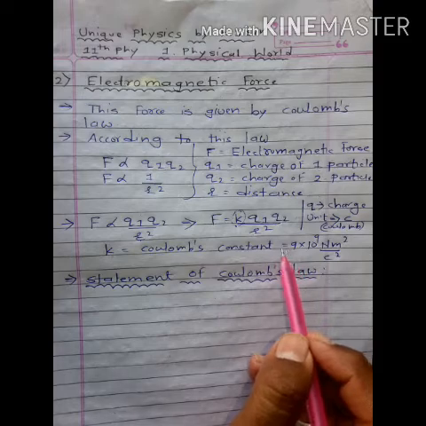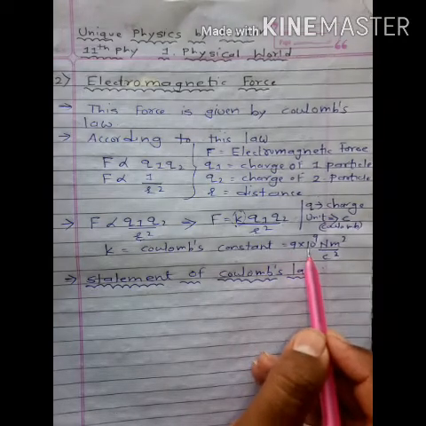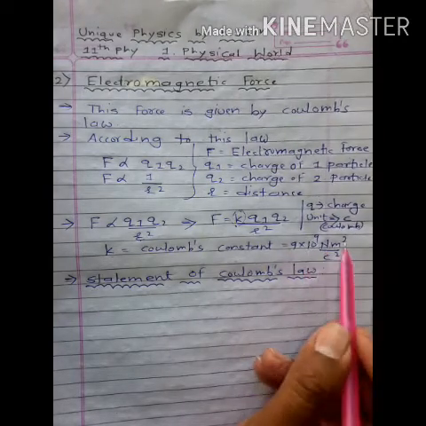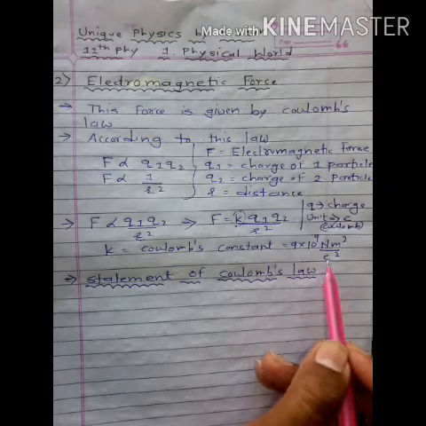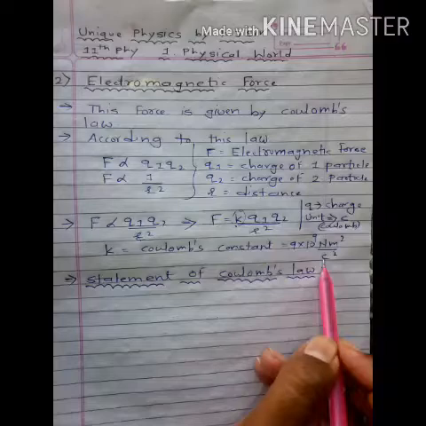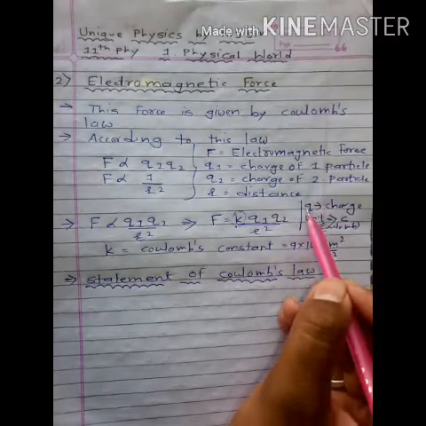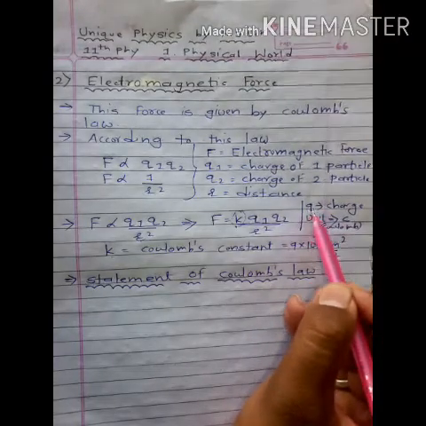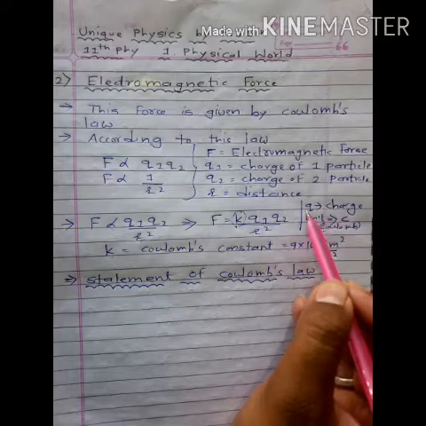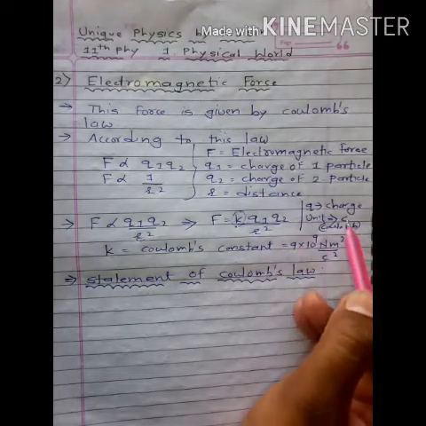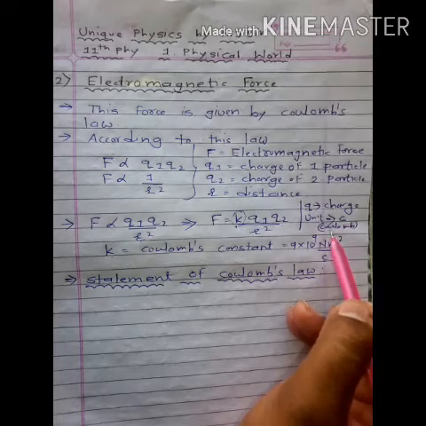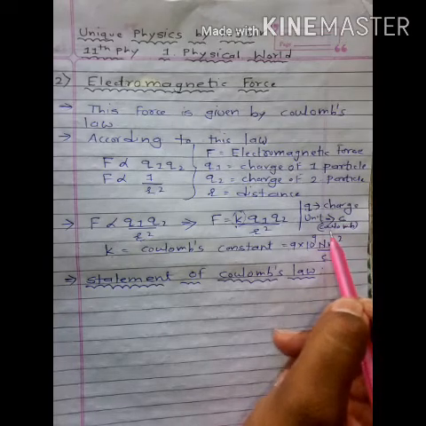Remember this value. Its value is 9 into 10 to the power 9 Newton meter square upon Coulomb square. Now what is capital C? Remember this point. Electric charge is denoted by Q and its unit is denoted by C. C means Coulomb. Okay. So remember this topic.